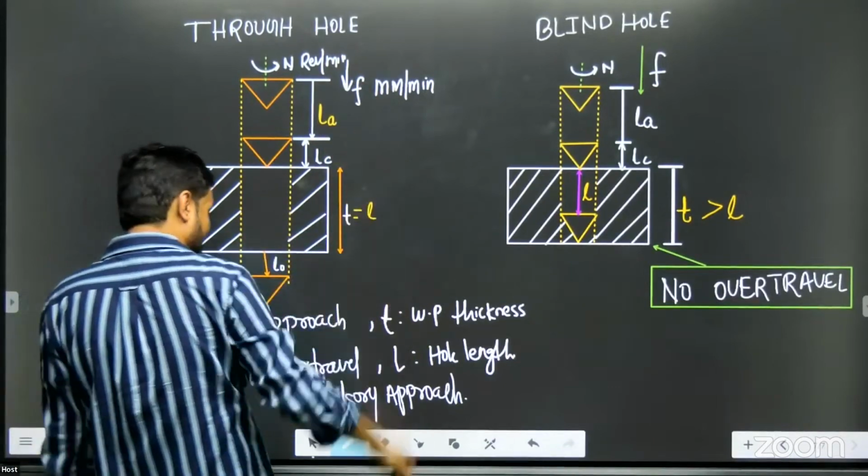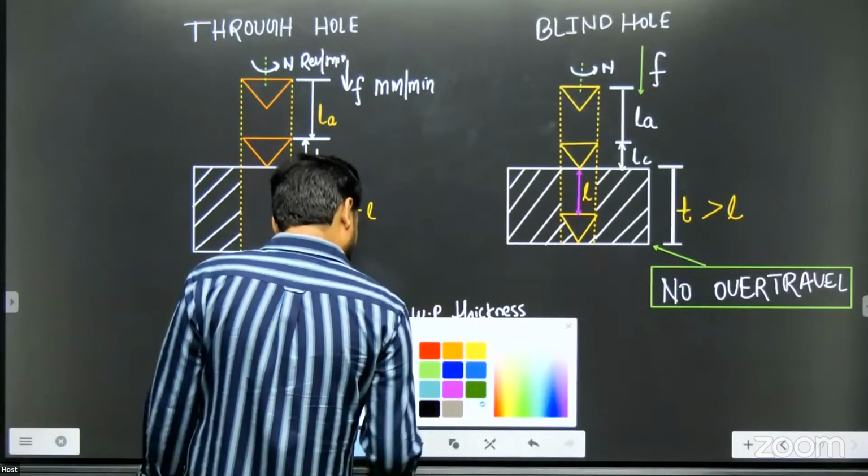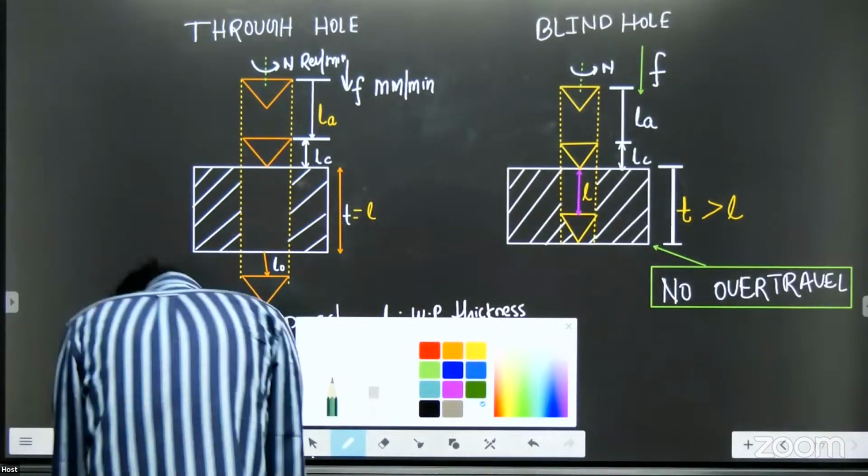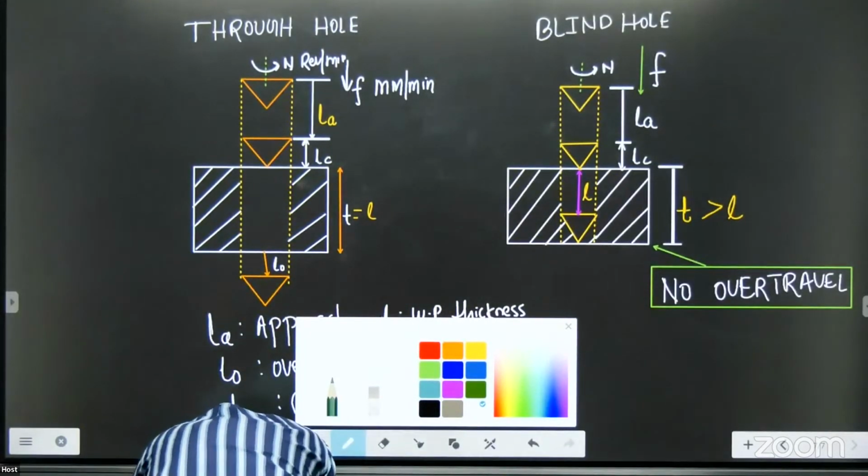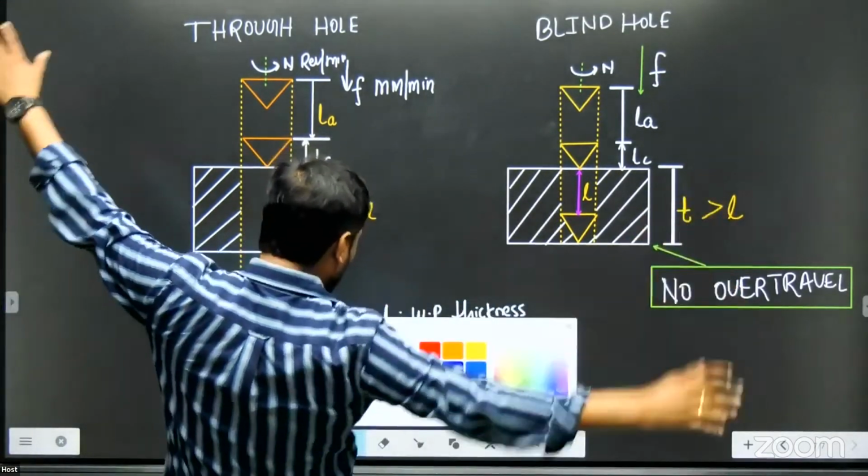If you multiply both these things, millimeter per revolution multiplied by revolution per minute, the revolution will cancel. It will become millimeter per minute.